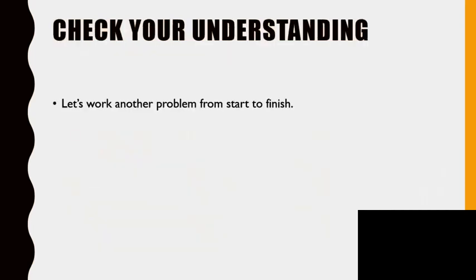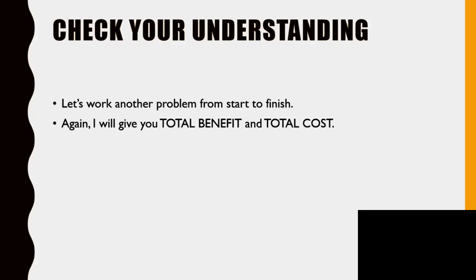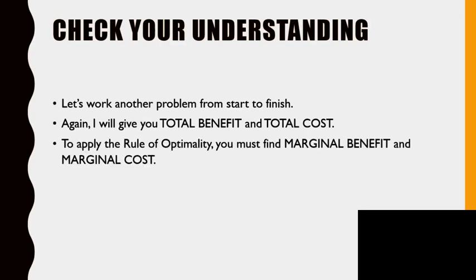Let's work another problem from start to finish. And again, I'm going to give you total benefit and total cost. You're going to apply the rule of optimality, but remember, you've got to find marginal benefit and marginal cost. That's what is required for the rule of optimality. That's for efficient decision making.